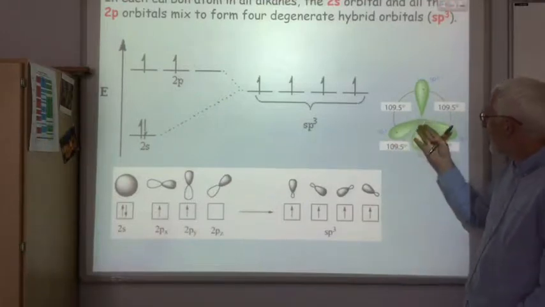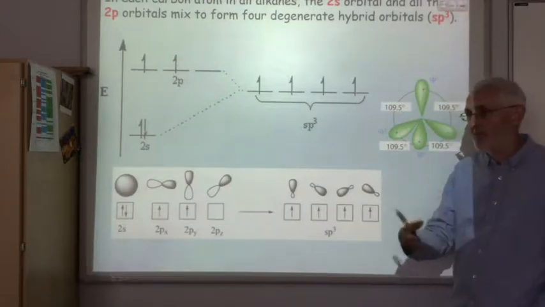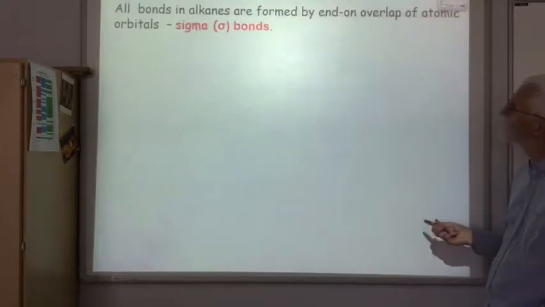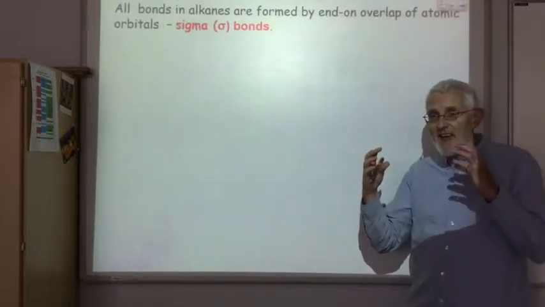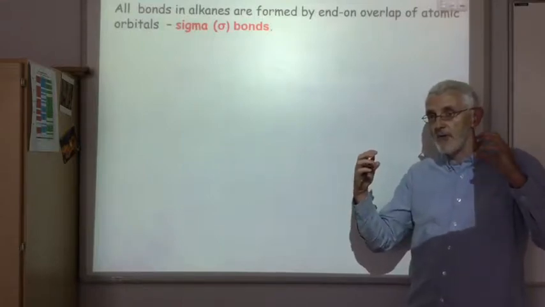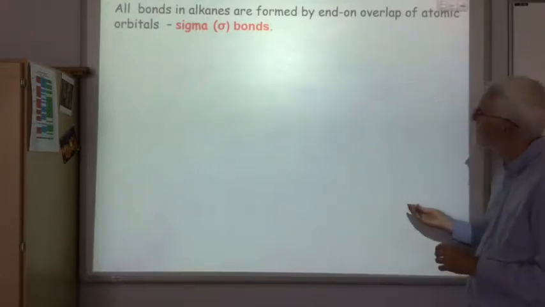So once you have these hybridized atomic orbitals, how do they form a molecular orbital with, say for example, hydrogen atoms? Well, what we get is an end-on overlap of the atomic orbital of the hydrogen with the atomic orbital of the carbon.